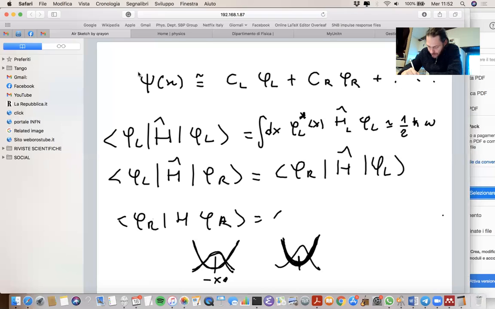Therefore, this can also be solved to be 1/2 h bar omega, where again the omega is the root of, I guess, U naught over m times 4, something like that. Now, what is missing are the non-diagonal terms. Let's look at them.